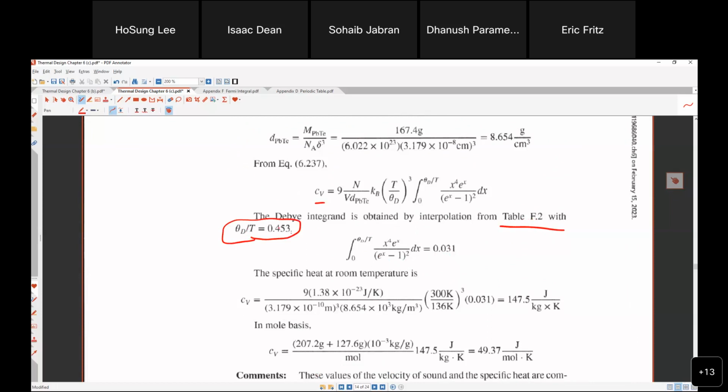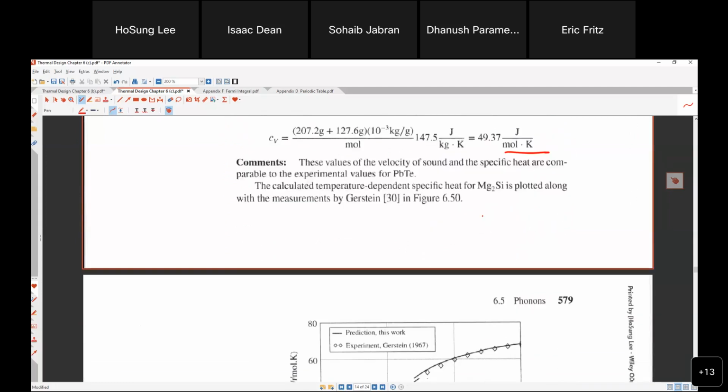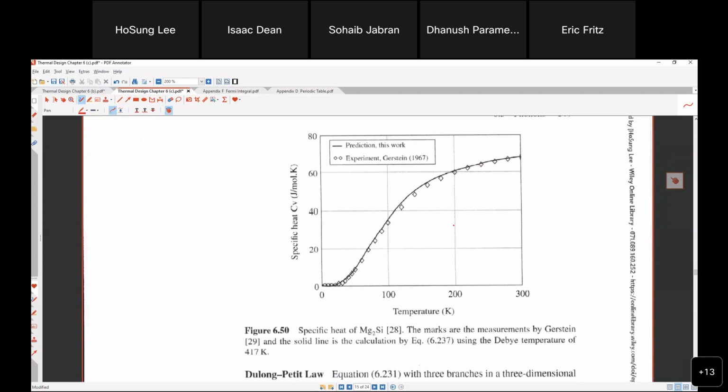Reduce the Debye temperature, and then we got these, plug in, and calculate specific heat in terms of kilogram or in terms of mole. Sometimes people use mole, fine. Then you can convert to mole or kilogram and compare. This is my work. I didn't take any literature. This is my work.